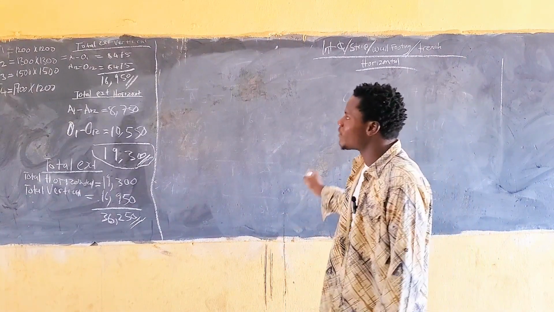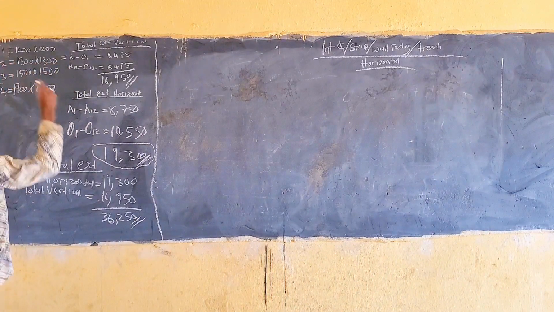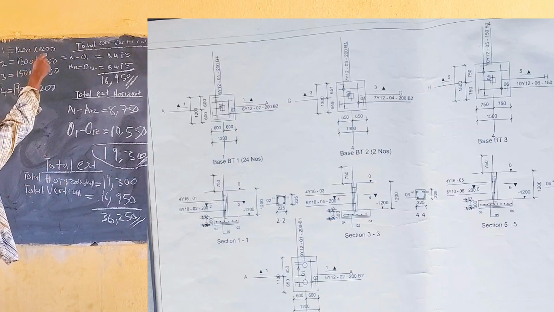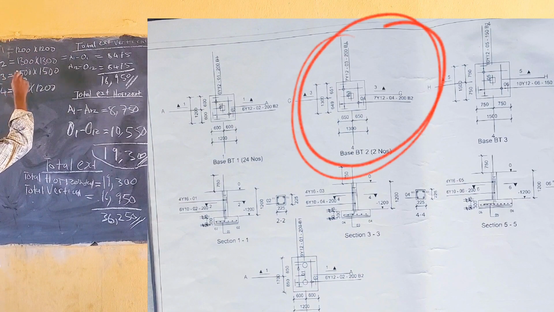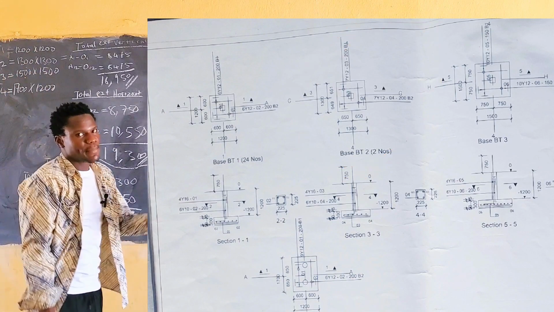So I've written the dimension of all the column bases here. Base type 1 is 1,200 by 1,200. Base type 2 is 1,300 by 1,300. Base type 3 is 1,005 by 1,005. Base type 4 is 1,700 by 1,200.